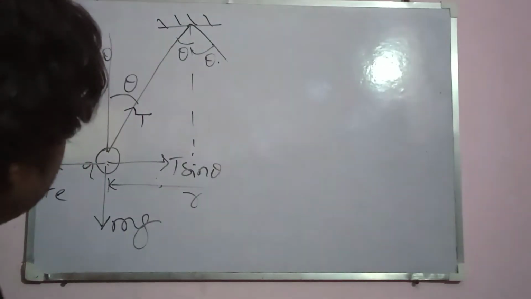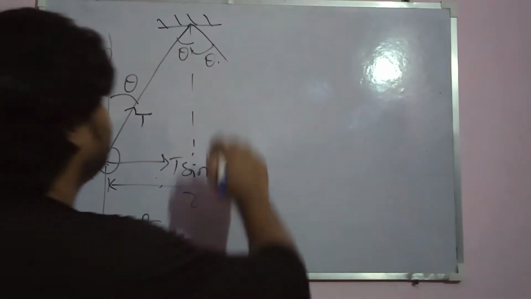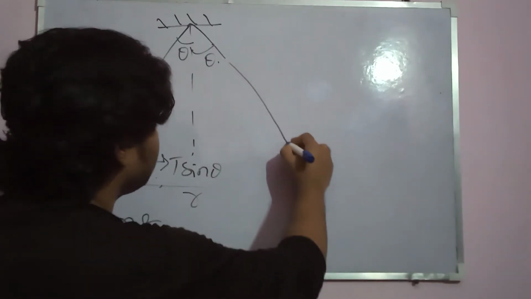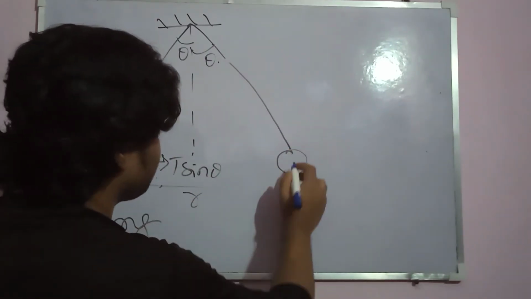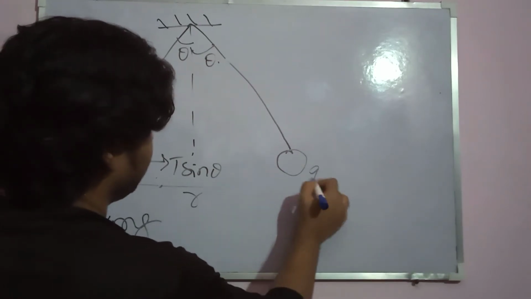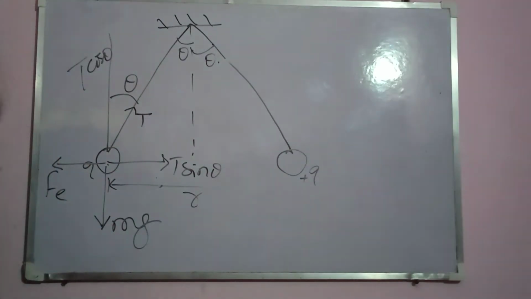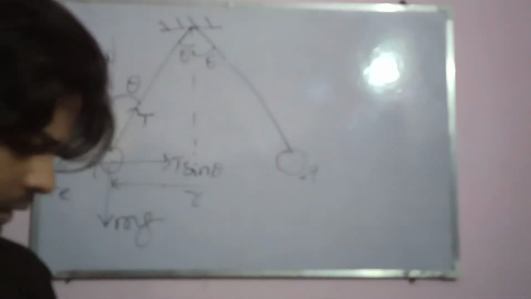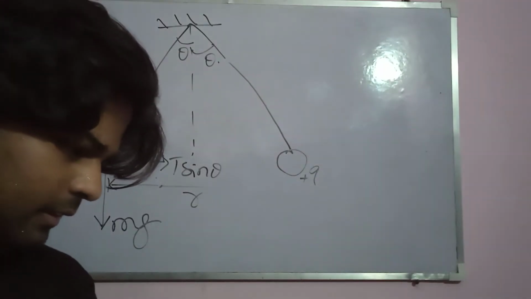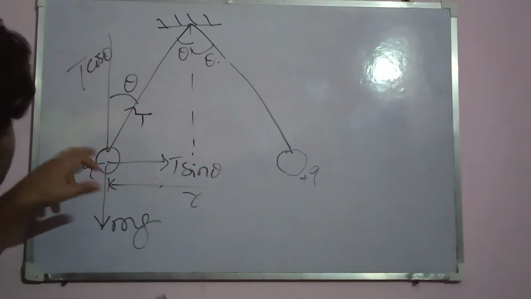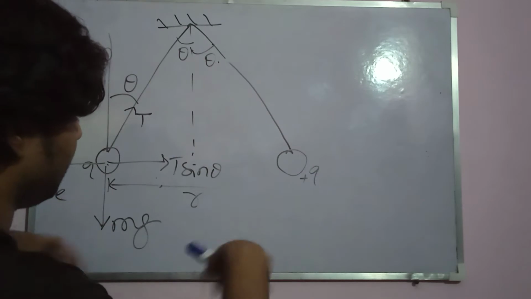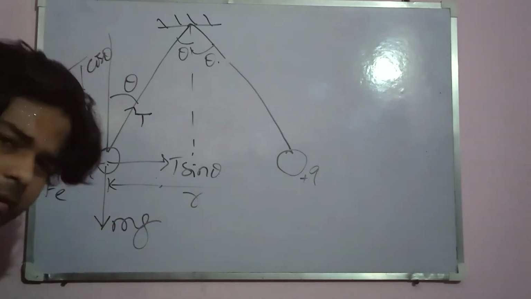So I'm coming to the same setup right now. This is Q again, plus Q. If someone says that the charge is leaking by dq by dt, it means these two charges are leaking at a constant rate.